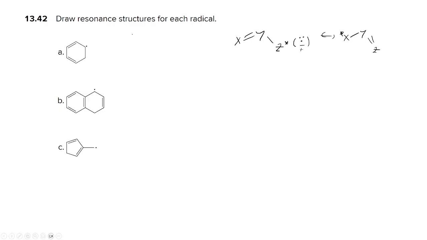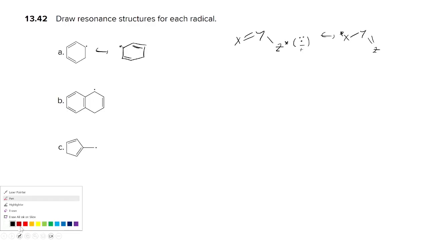So if we apply this rule here on A, I'm going to write the resonance form, and I'm going to move the pi bond over here, and the radical part is here, and the other pi bond we didn't touch. So I'm going to use a different color for the pi bond that we moved. So this is the pi bond, and this is the radical part that we moved.